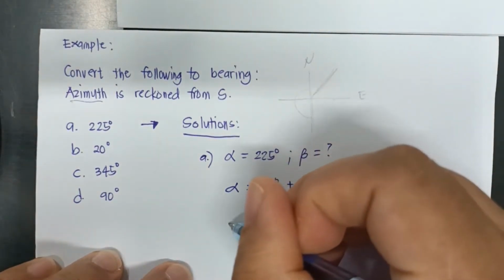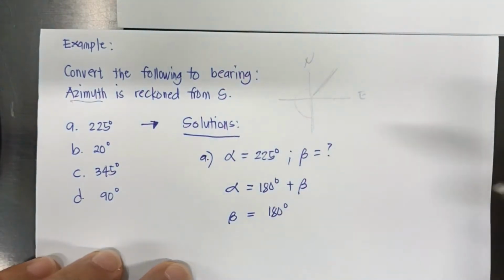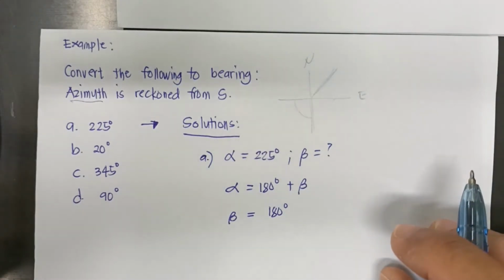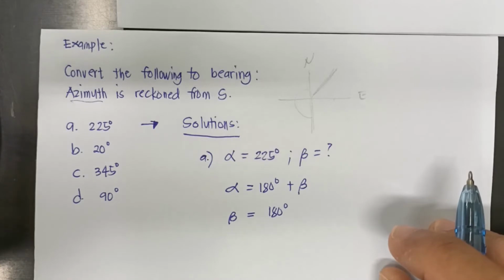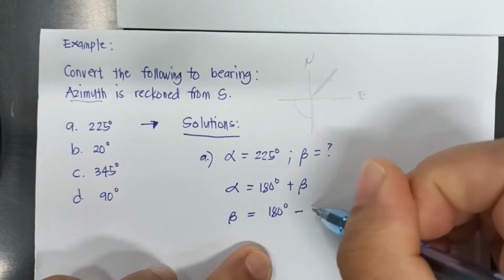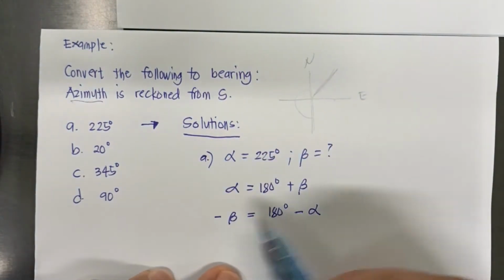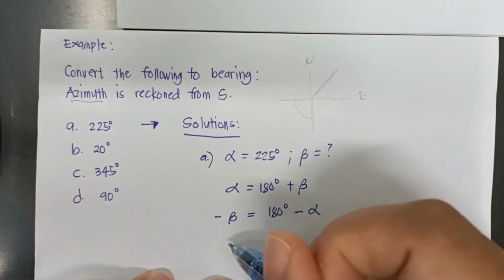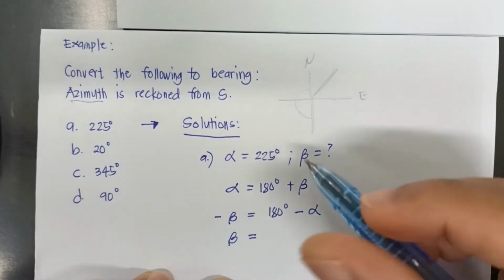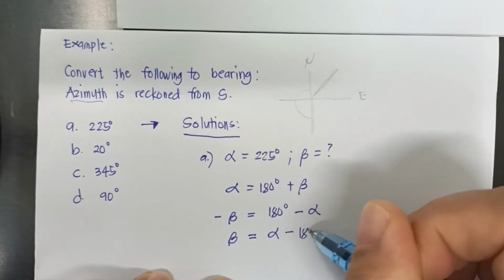Therefore beta is equal to 180 degrees minus alpha. Correction: this is negative, and we are after the positive beta, so rearranging the equation, beta is alpha minus 180 degrees.